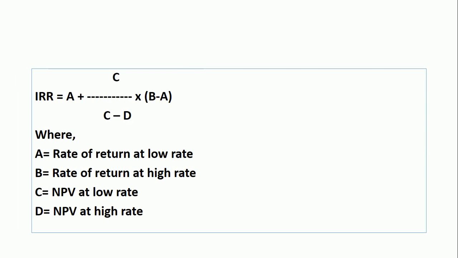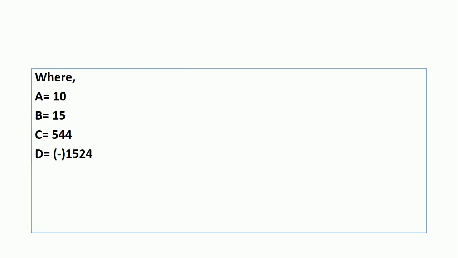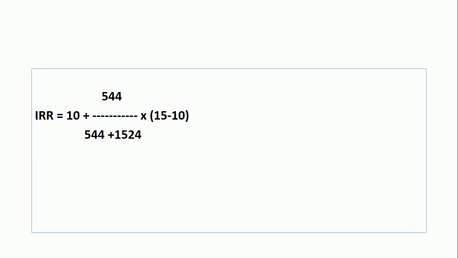If we substitute those values, IRR is equal to 10 plus 544 by 544 minus minus 1,524, that is plus, into 15 minus 10.